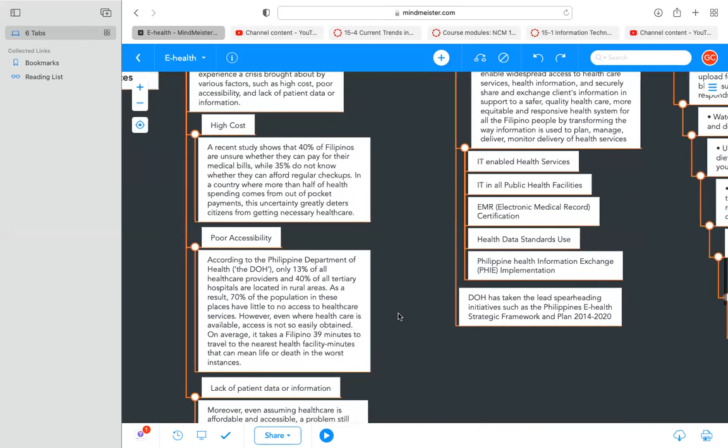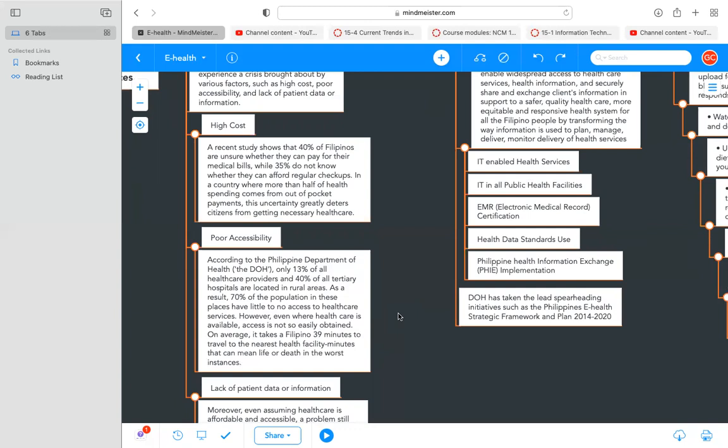On poor accessibility, even though I mentioned it a while ago regarding the internet connection, according to the Philippine Department of Health, only 13% of all healthcare providers and 40% of all tertiary hospitals are located in rural areas.